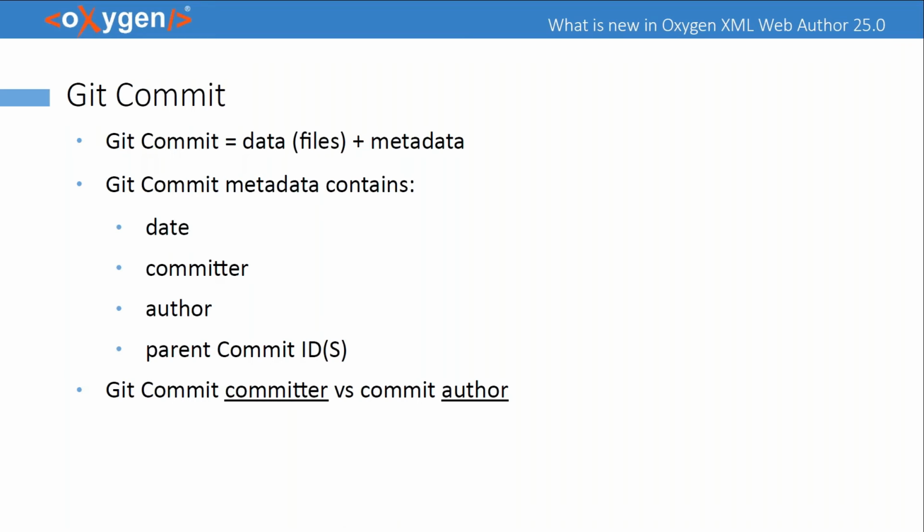The commit metadata contains the date when the commit was created, the committer, the one who created the commit, the author, the one who made the changes to the files, and it also contains a pointer to the parent commit.